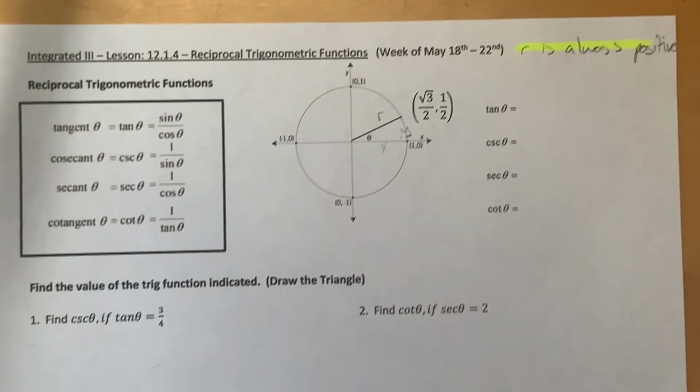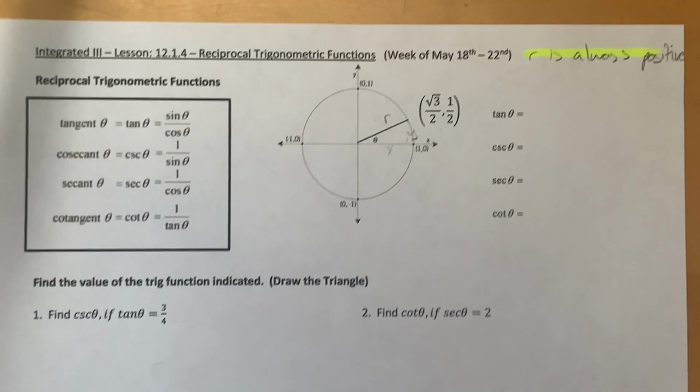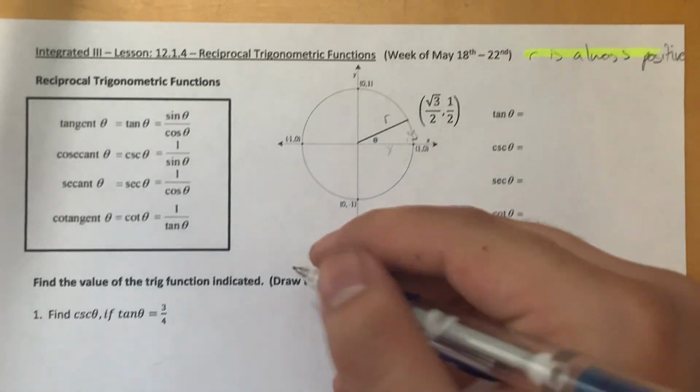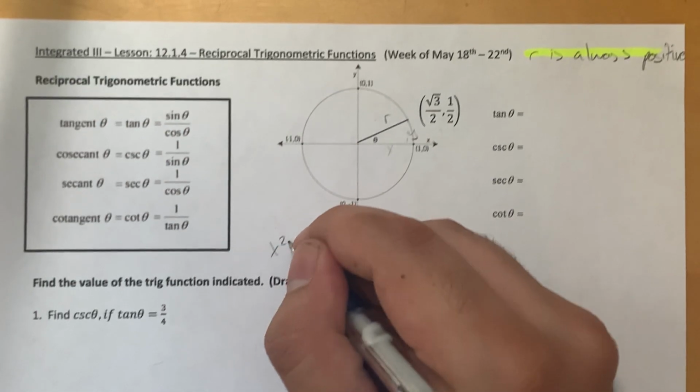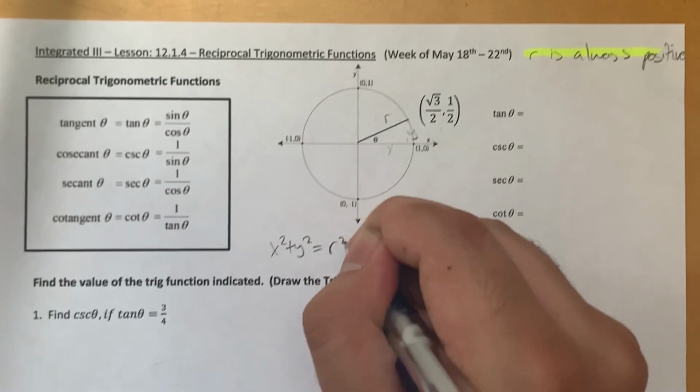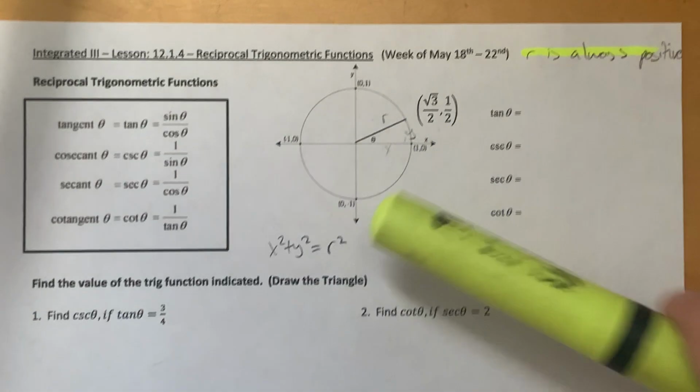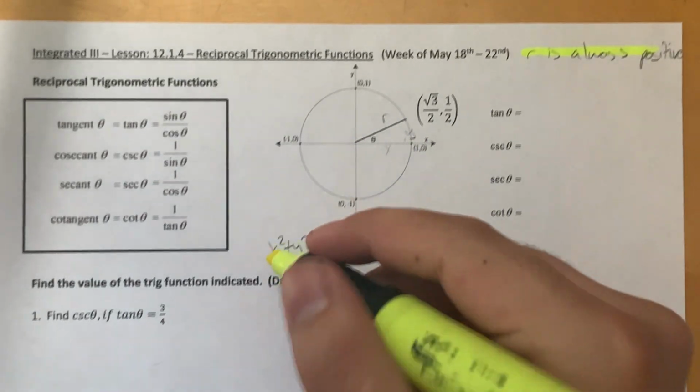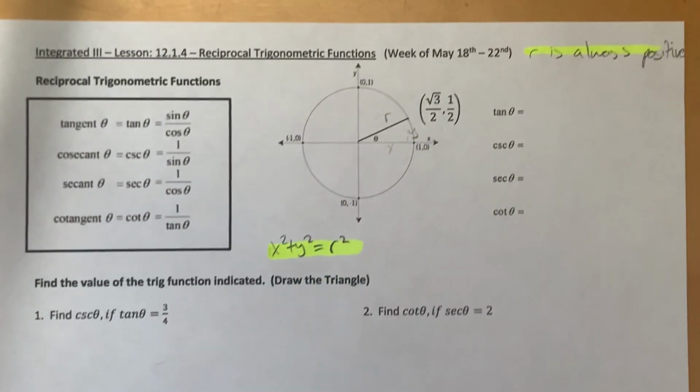So we're gonna have a new Pythagorean theorem identity. It's the same Pythagorean theorem, but instead of c, you're gonna have r. So our new one is x squared plus y squared equals r squared. This is gonna help you immensely for this section. Other tools that you can use to break it down, build it back up, find missing values.